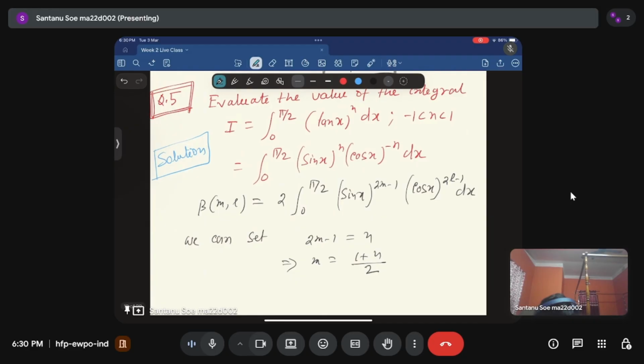And similarly, we can also set 2l minus 1 to be minus n, and this will imply l is (1 minus n) divided by 2. Okay, so we have got our m and l both.